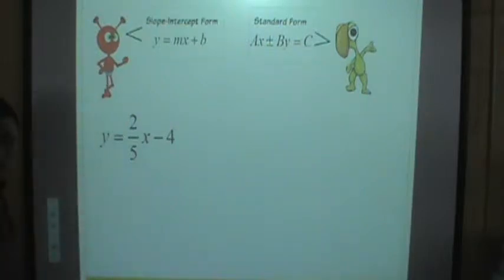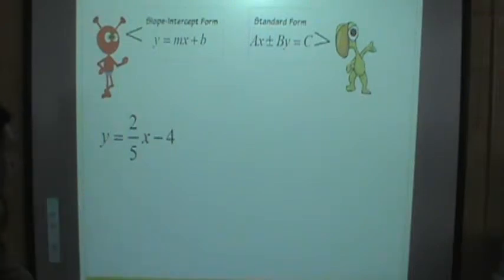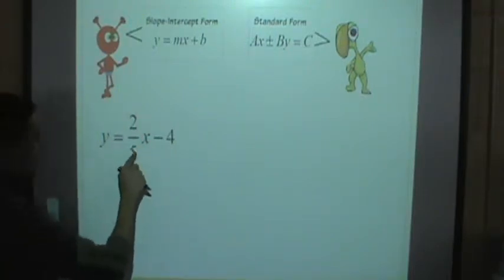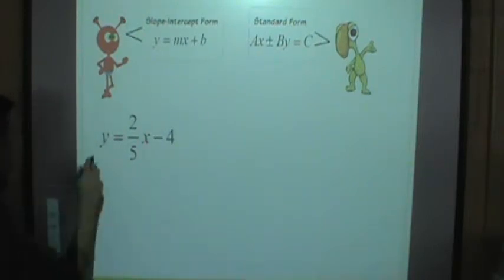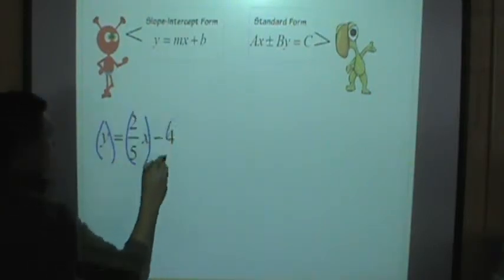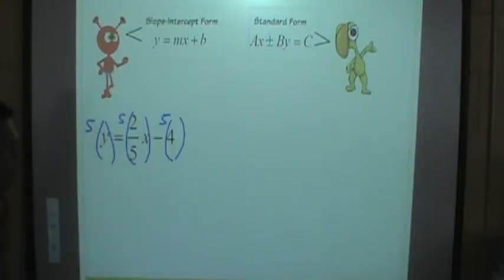Get rid of the denominator. We learned in the first chapter of our lesson that if you have a fraction, and you hate fractions, then we need to get rid of 5. To get rid of that denominator, all you have to do is multiply everything by the denominator that you want to get rid of.